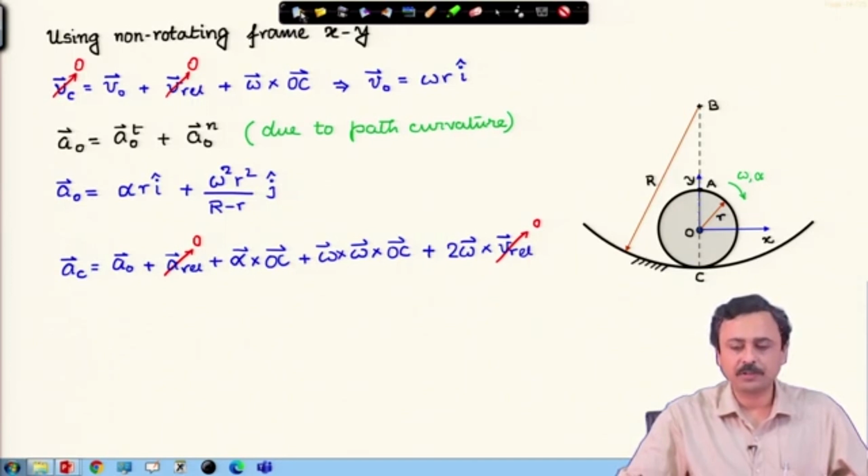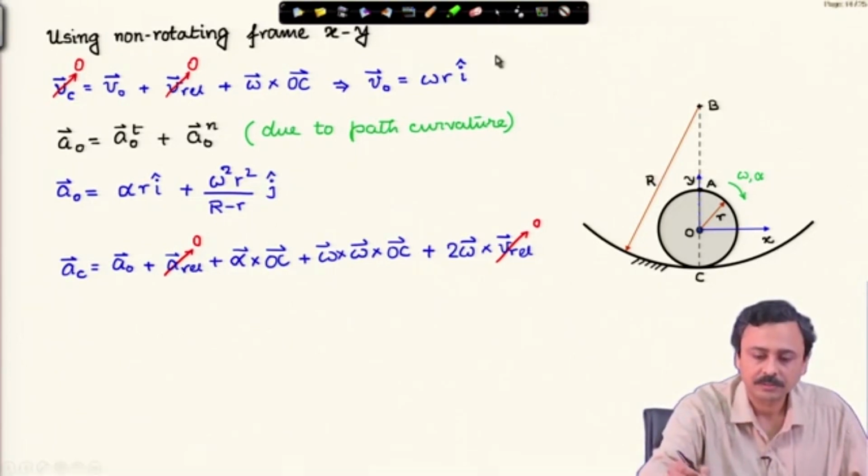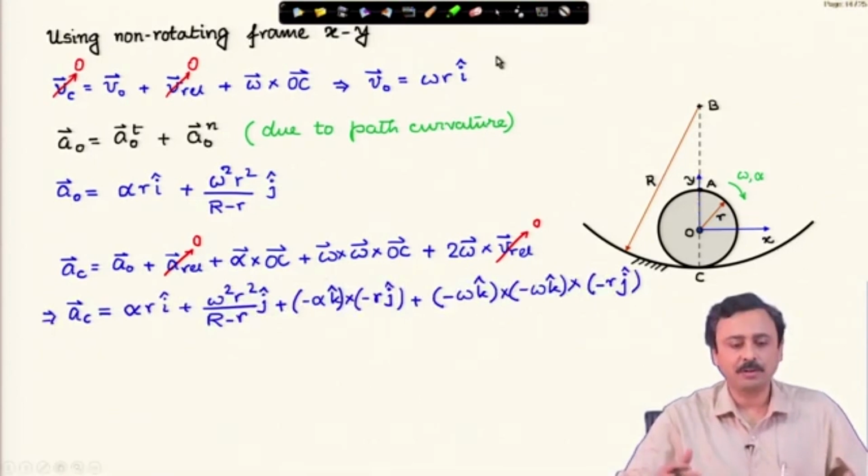Therefore, our acceleration of point C is this master equation where A_rel and V_rel are 0. I am representing it in terms of acceleration of O. If I just plug in all these expressions, acceleration of O is known to me, alpha cross OC, alpha you can represent as minus alpha k cap, OC is minus r j cap.